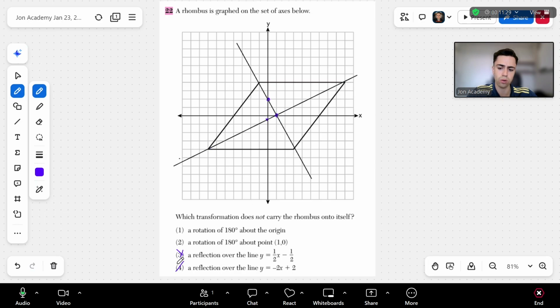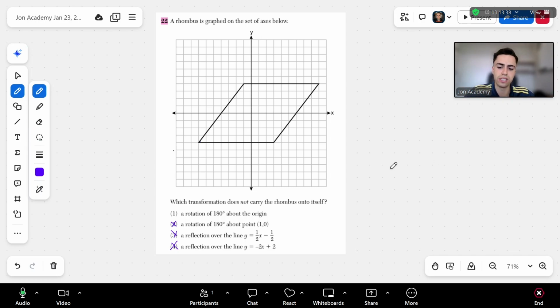So this one wouldn't work either. It leaves the rhombus as it is. And then we can see that 1, 0, the one here, is this point. So a rotation of 180 over 1, 0 as being the center, from this rhombus, is going to leave it as it is.